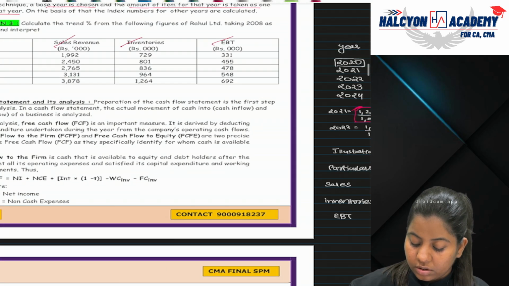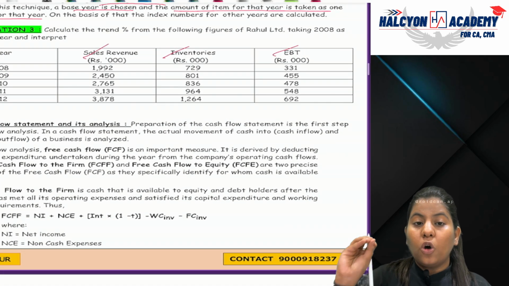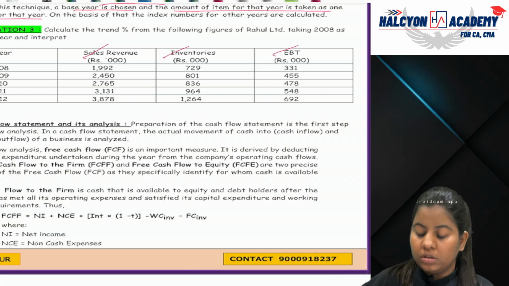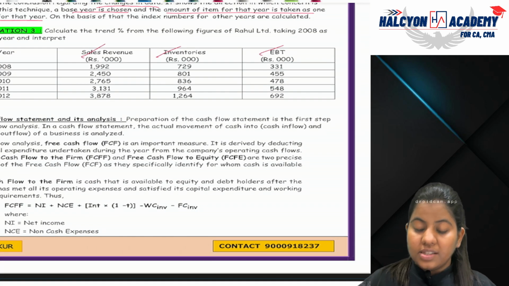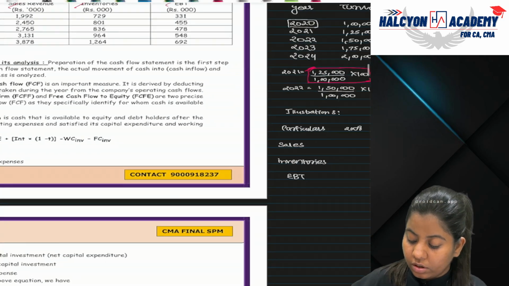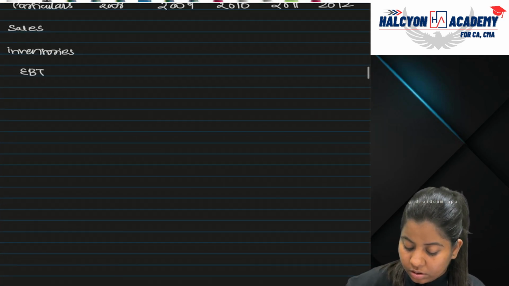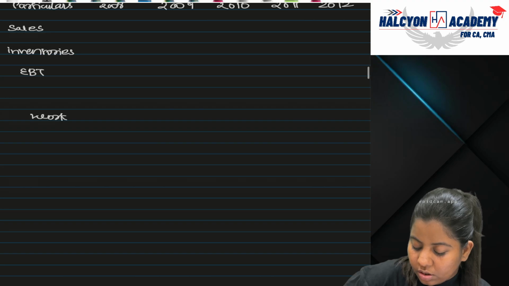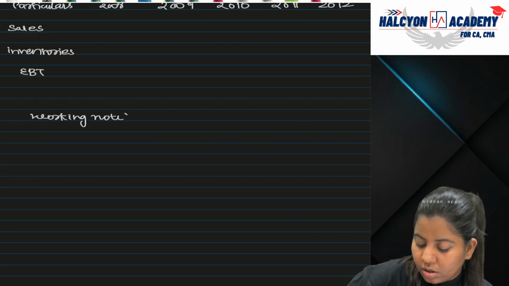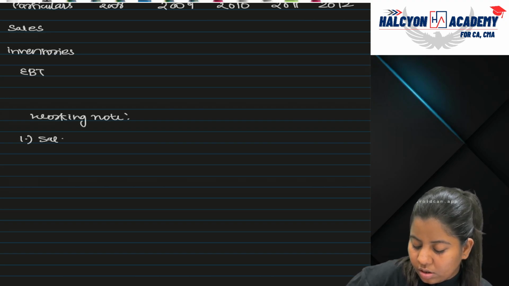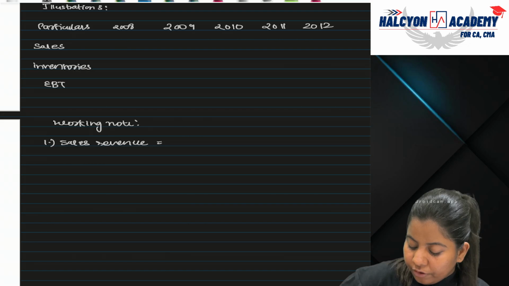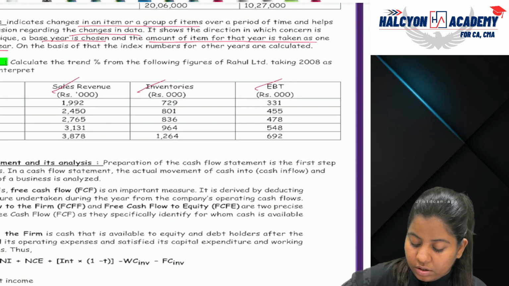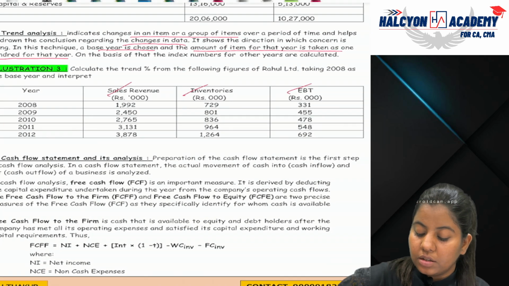First, see, whatever you have to solve, please solve it in working note. So the first working note will be for sales revenue. You have to take the first year as base.